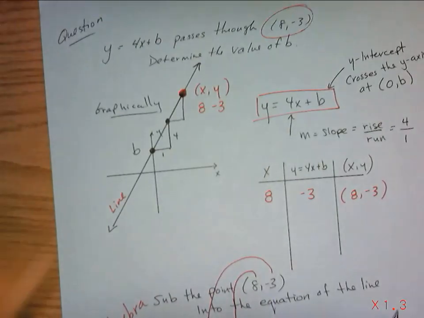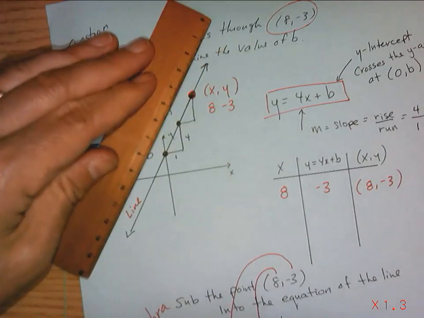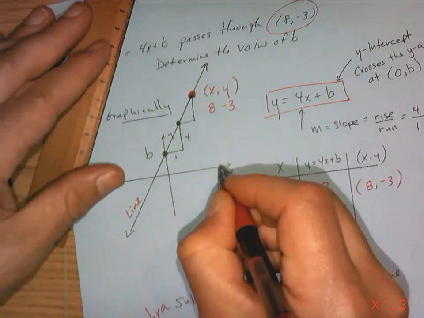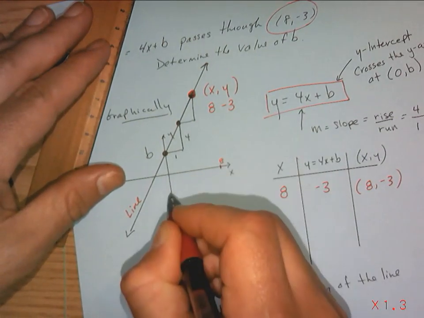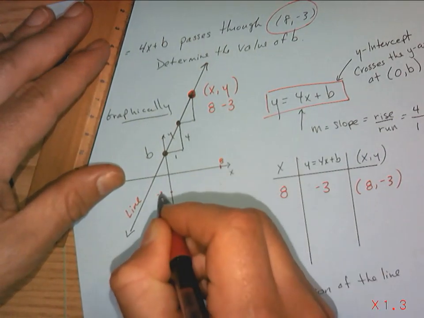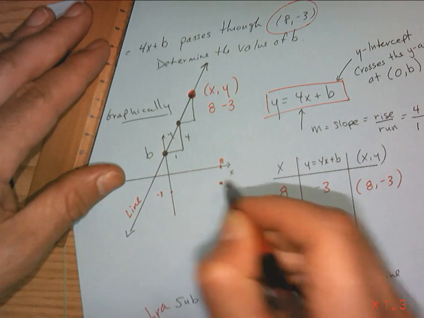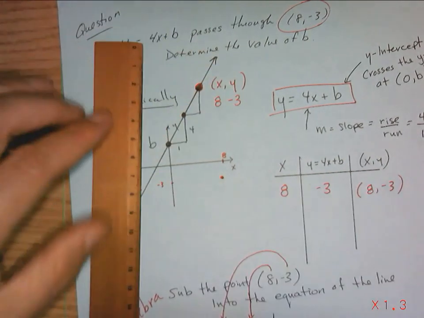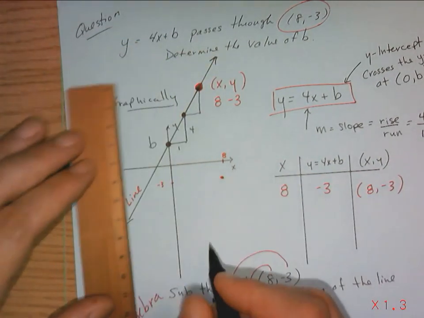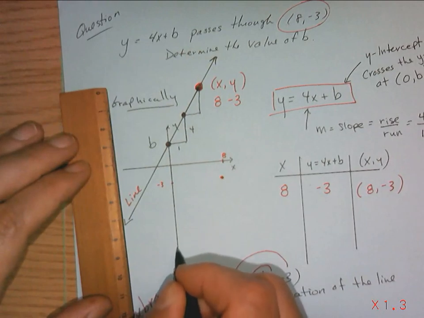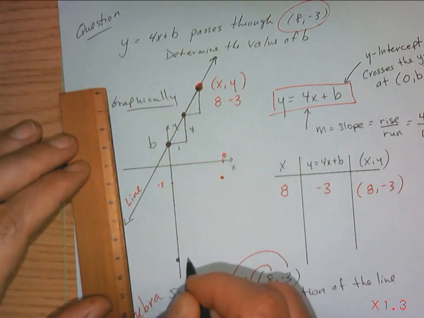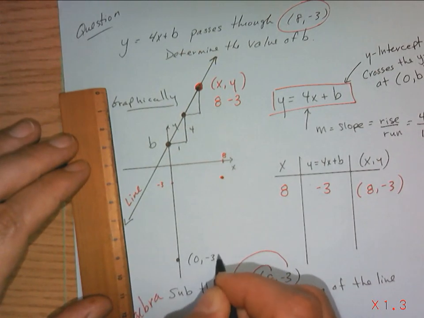So our particular line, well, if I go out 8, and if I go down negative 3, that would be that point there. And my b value would actually be negative 35 somewhere, way down here. So that would be 0, negative 35.